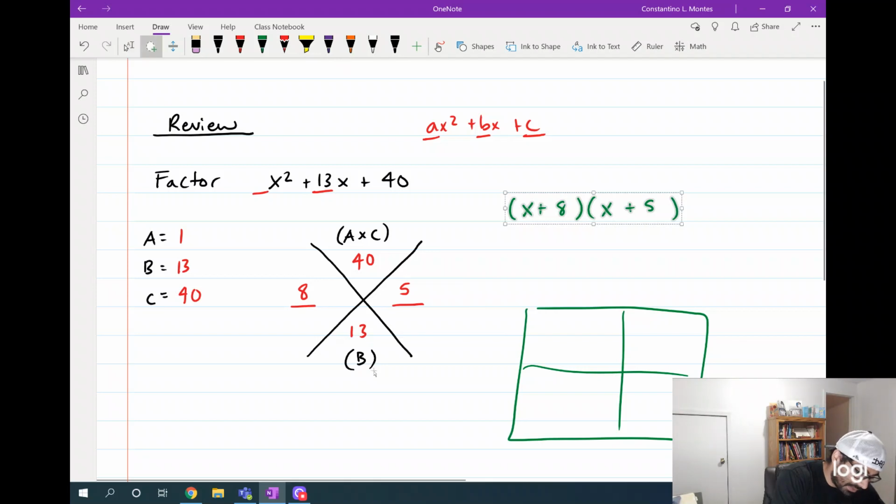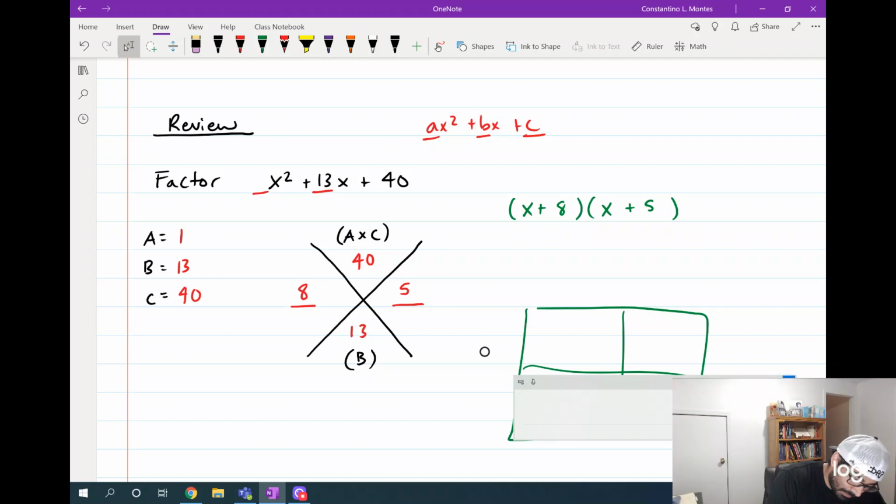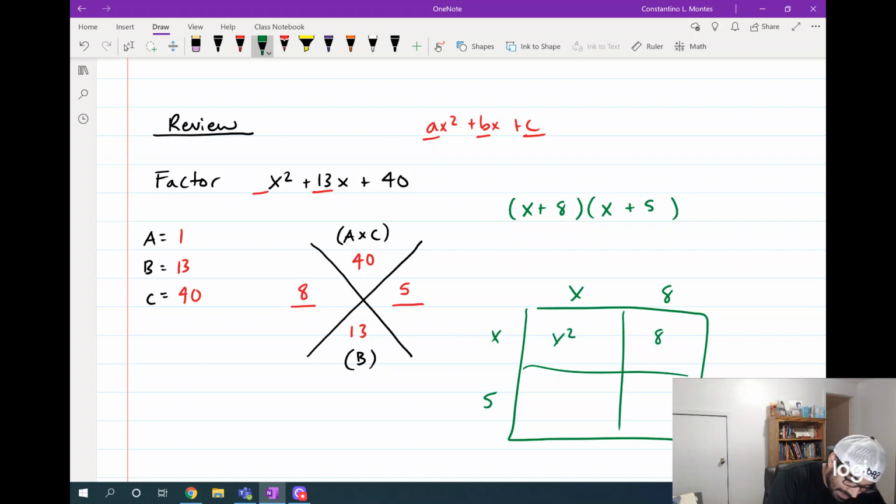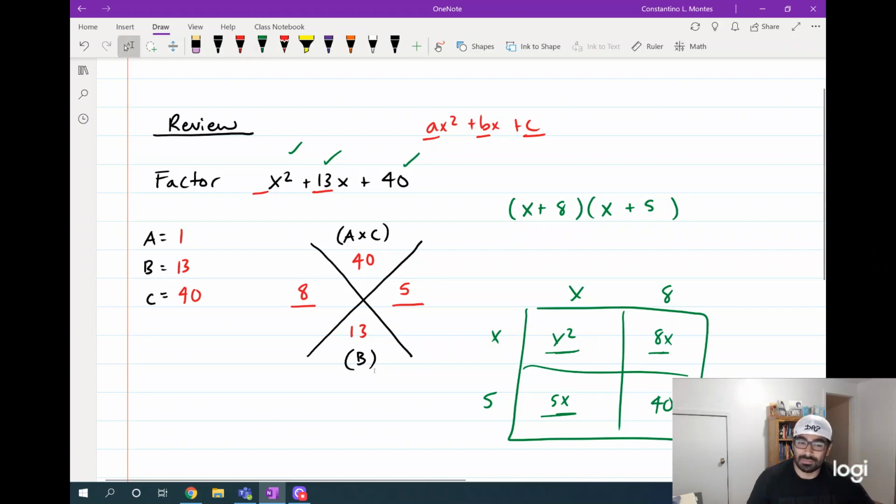You don't have to do this every single time. x and 8, x and 5. x times x is x squared. 8 times x is 8x. x times 5 is 5x. 8 times 5 is 40. Well, let's check. We got x squared. Check. Now we do have 13x, but remember 5x and 8x end up being 13x. Check. And then we got 40. Check. It works out. Perfect.